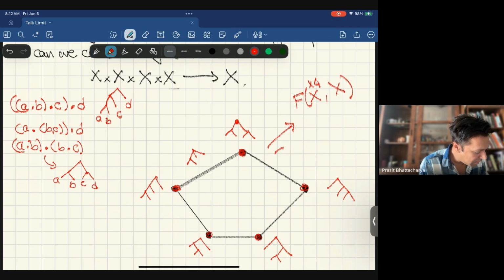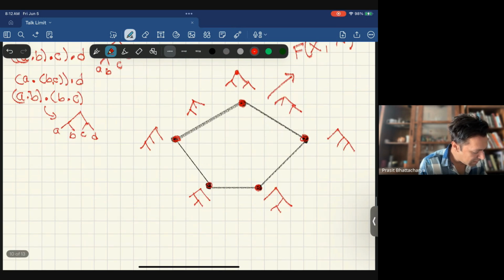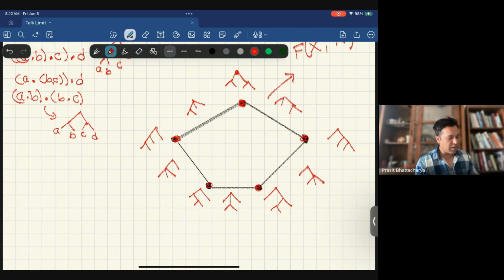So here I can have that. Okay, so I can define it now on the boundary of the pentagon. But the question is, can I fill up the pentagon?